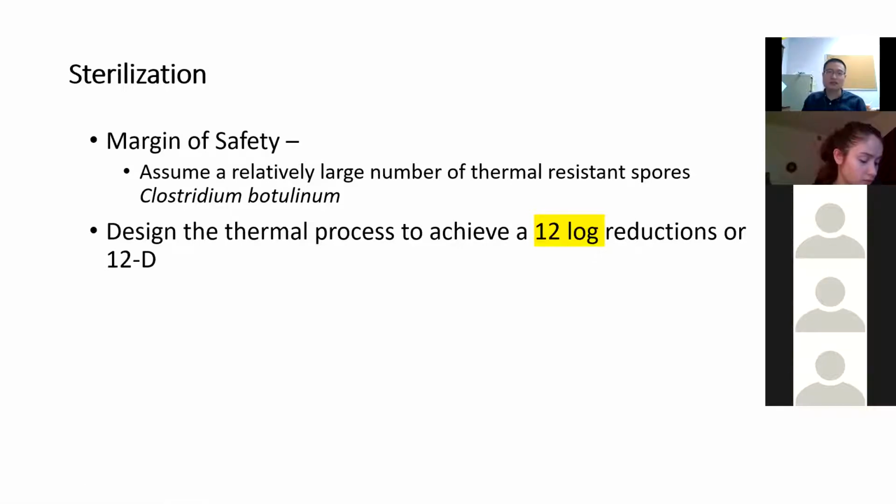So as we know, for sterilization, we usually over process it because we have a very dangerous bacterium, Clostridium botulinum, that can sometimes be lethal when we consume it.